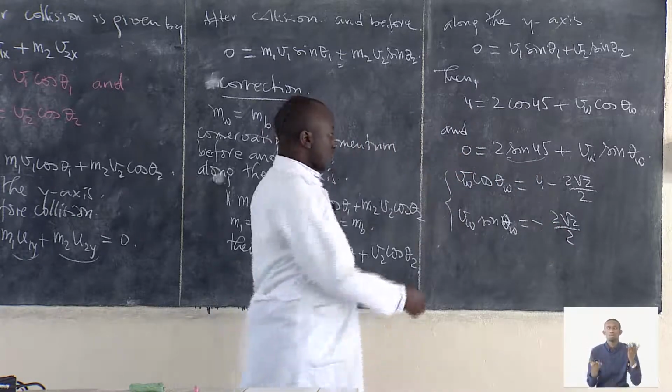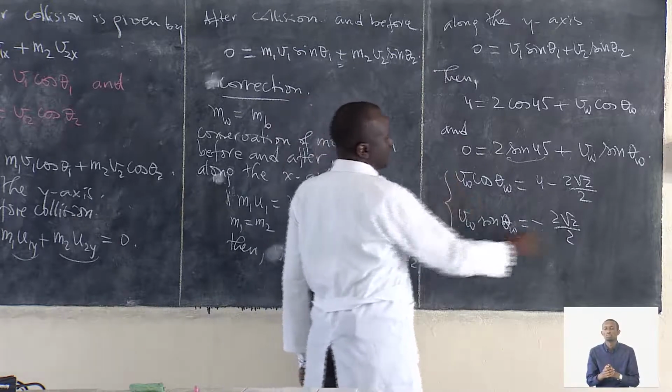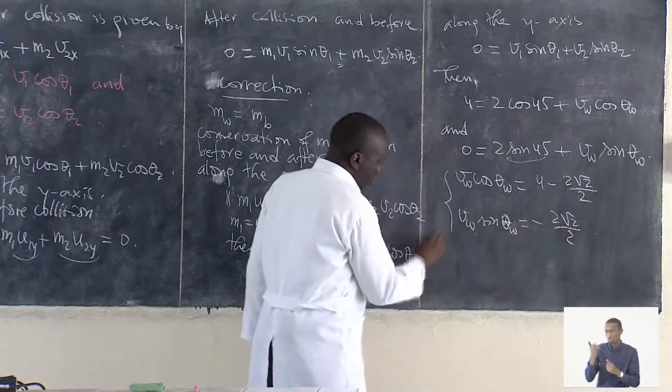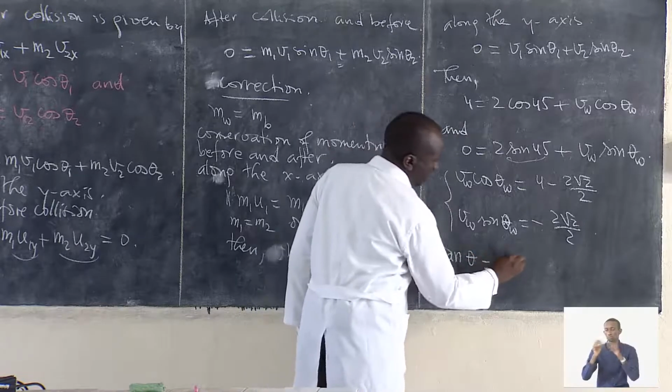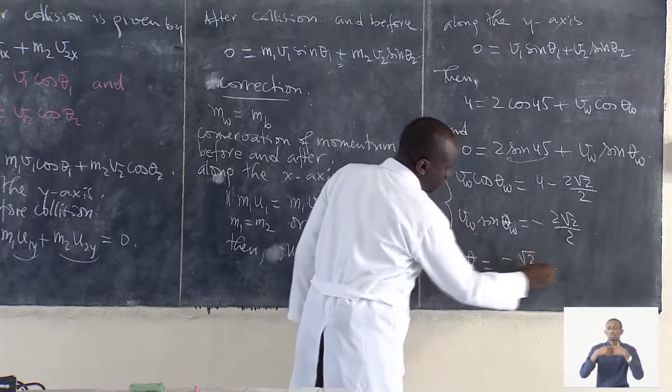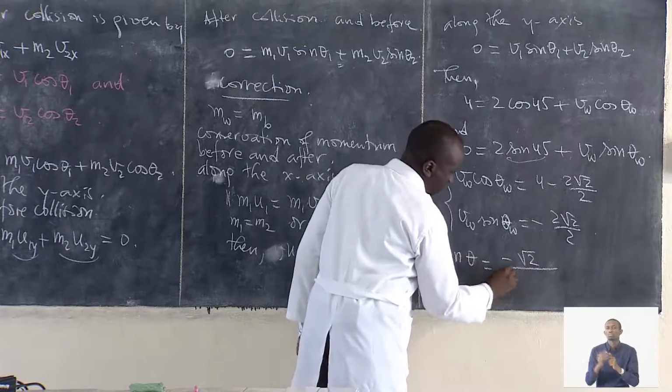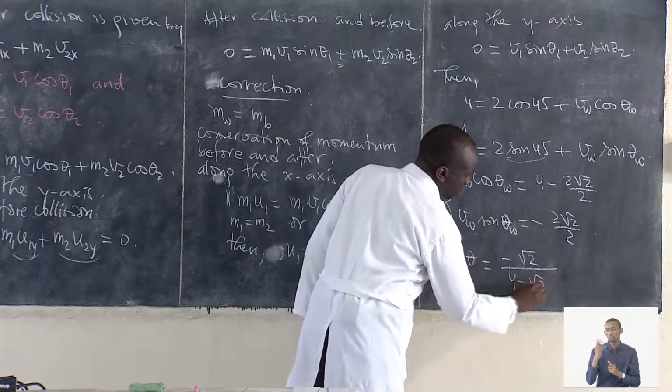Then if we divide this equation by this one, we find tan theta equals minus square root of 2 over 4 minus square root of 2.